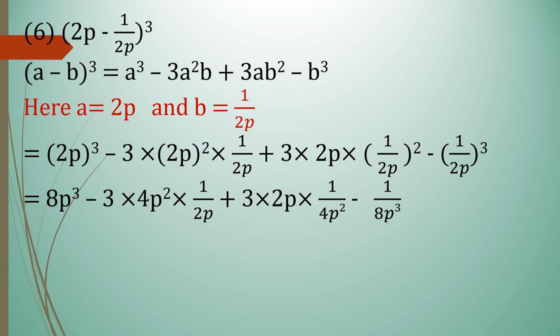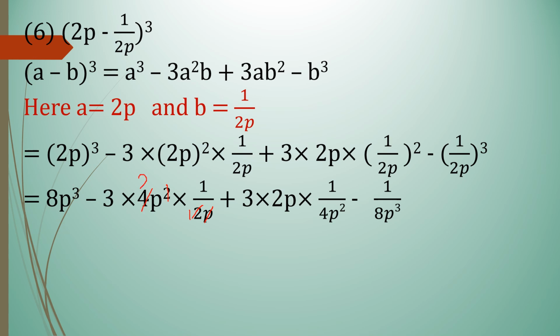Now, students, you can see that here this is multiplication, that is 3 into 4p square into 1 upon 2p. You can cancel the terms. 1p from the denominator and from the numerator can get cancelled as it is multiplication. And in the numbers also, 2 1s are 2 and 2 2s are 4.